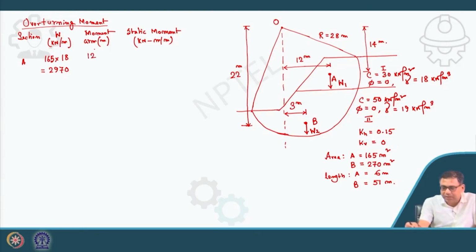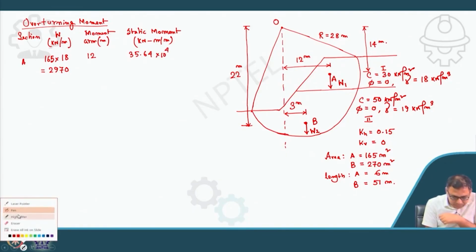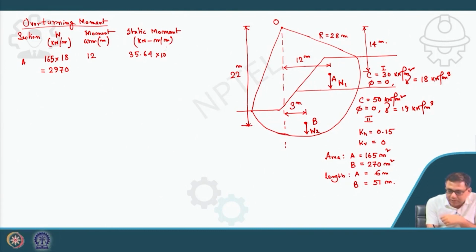So the static moment will be 12 into 2970, which comes out to be 35.64 into 10 to the power 3 for section A.